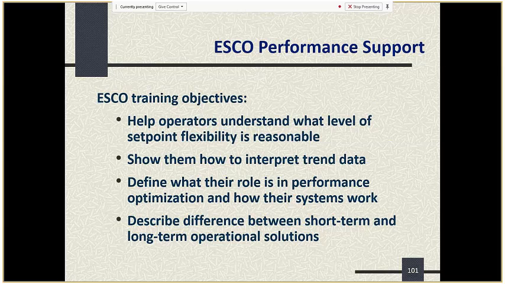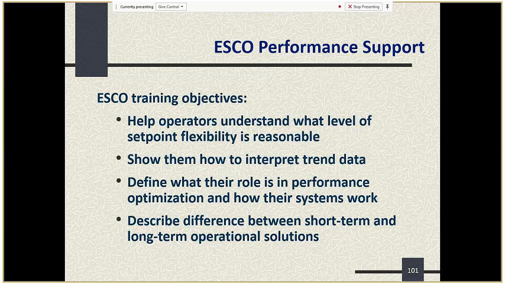and understanding their role in the overall performance optimization and how they can be supported by the ESCO and how you can work together in sort of a team formation. And then looking at the difference between, I'll call it short-term solutions and long-term solutions. A lot of times when we're under pressure, we try to do the thing that will solve the short-term problem in the quickest, easiest way.